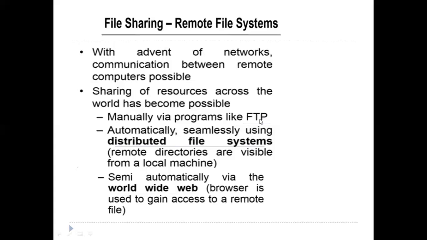In the manual way, the file is not visible; through a protocol you access the file and bring it to the local system, whereas automatically you can see what all the files are at the remote location. That is with the help of the distributed file system, DFS.